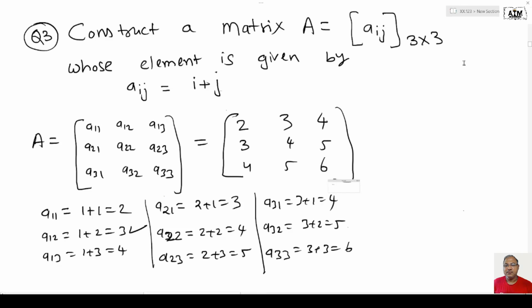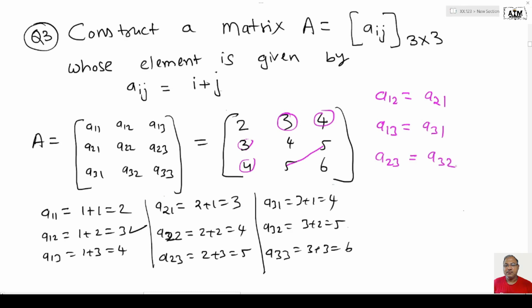So this is the required matrix. Now before saying goodbye, I would like to put one question. These two elements are similar, and these are similar, and these are similar, which implies the value of A12 equals the value of A21, the value of A13 equals the value of A31, and the value of A23 equals the value of A32.